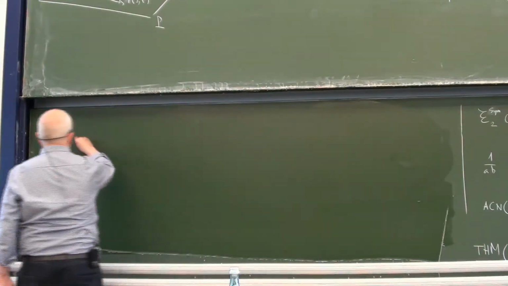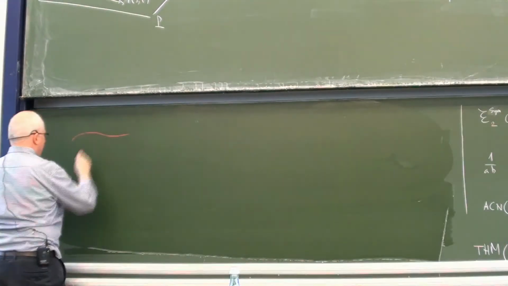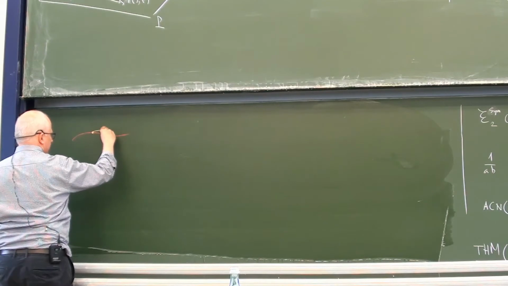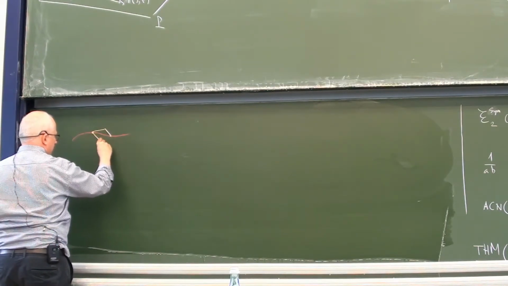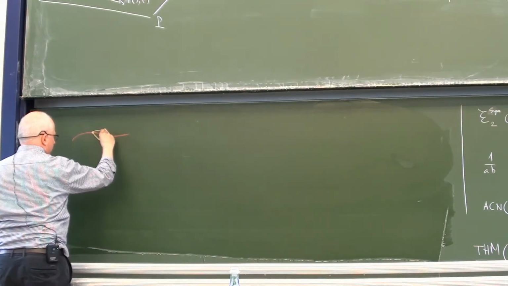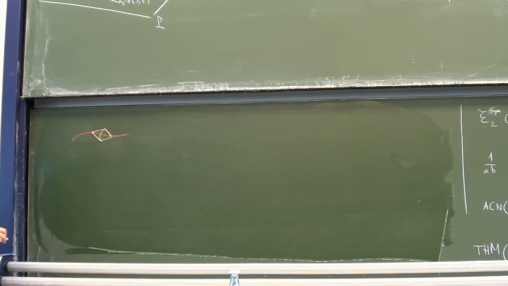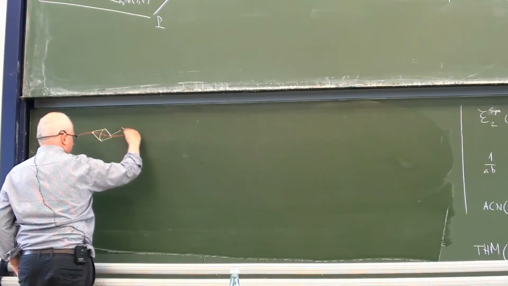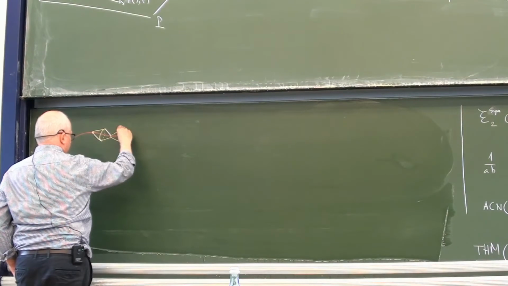So you have your curve, and if you choose 2 points sufficiently close, you have such double cones here, and of course you can draw many of such double cones along your curve.